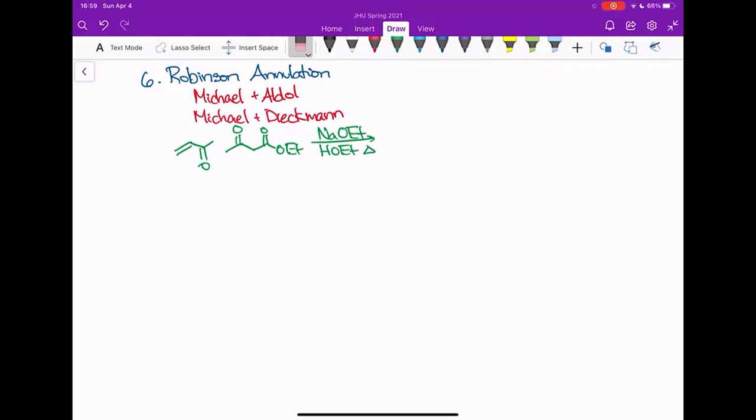And so we'll go ahead and draw out the products that we'll get. In this case, we'll actually get two products, and I'll show you the mechanisms as to how to get each version.